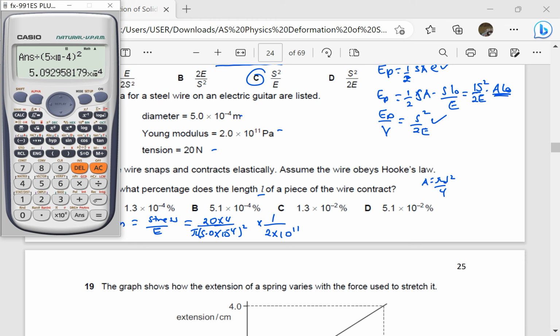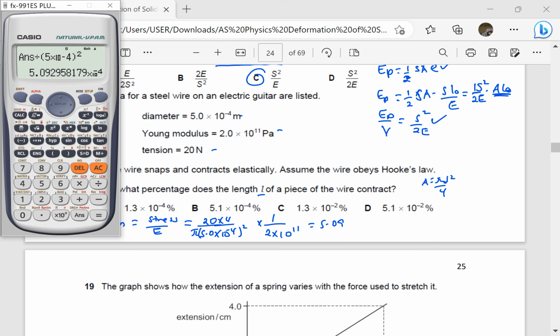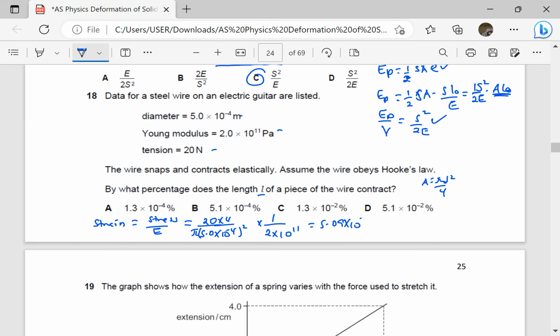So this is giving me 5.09 times 10 power negative 4. Now, as a percentage, I'll multiply this by 100 because strain is a ratio of extension over original length. So when I multiply by 100 to change it to percentage, this gives me 5.09, which is 5.1 times 10 power negative 2%. So our answer is going to be D.